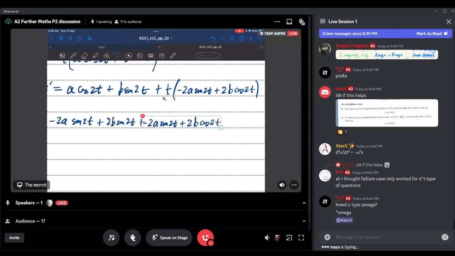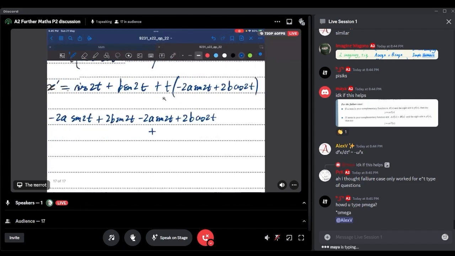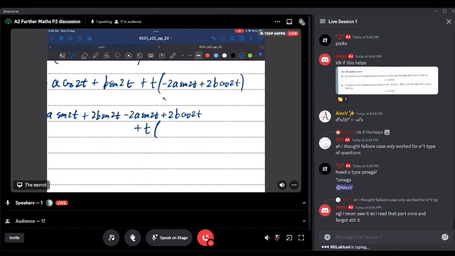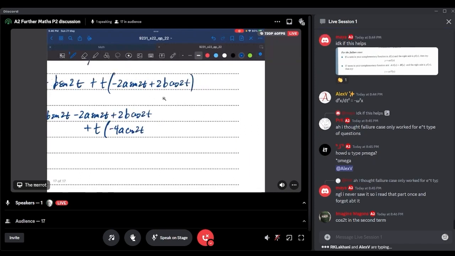Now you differentiate the inside. So I don't have space, so I'll do it at the bottom. t times differentiating sine 2t gives you negative 4a cosine 2t, and this becomes negative 4b sine 2t, like this.